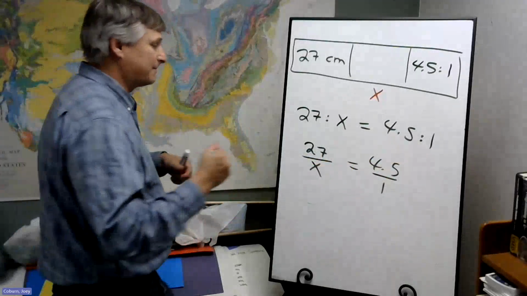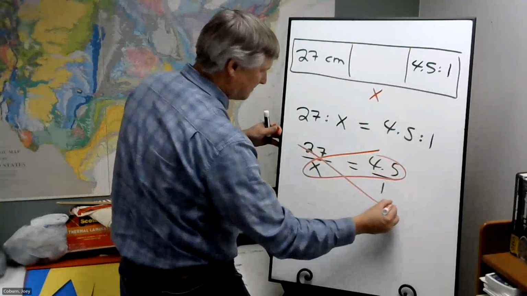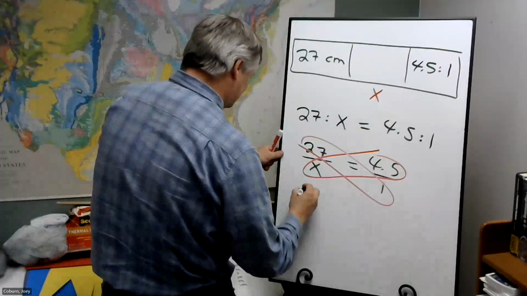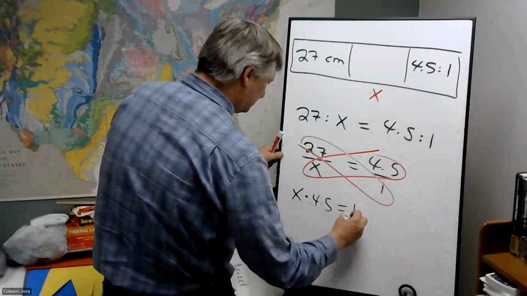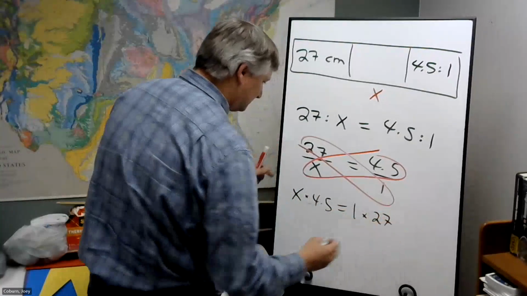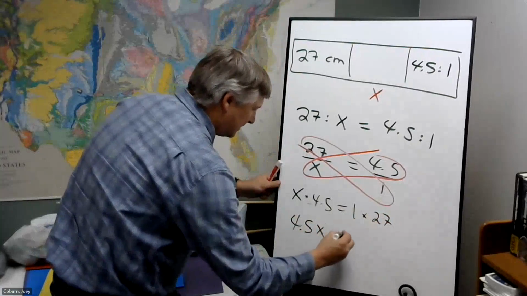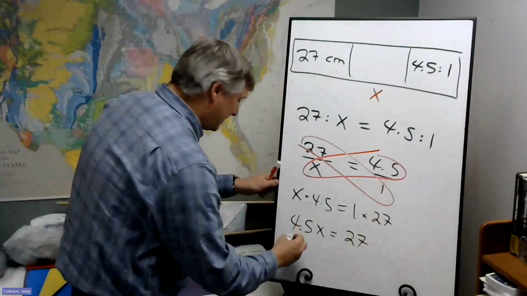Now we cross multiply. 4.5x equals 27. So divide by 4.5.